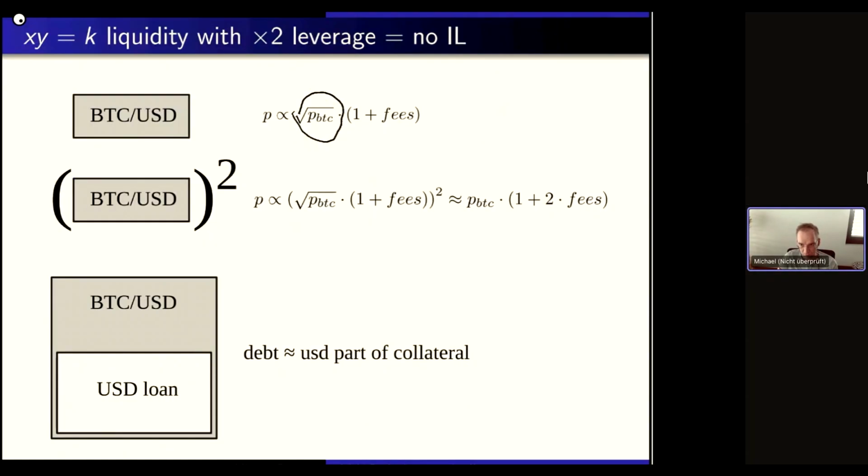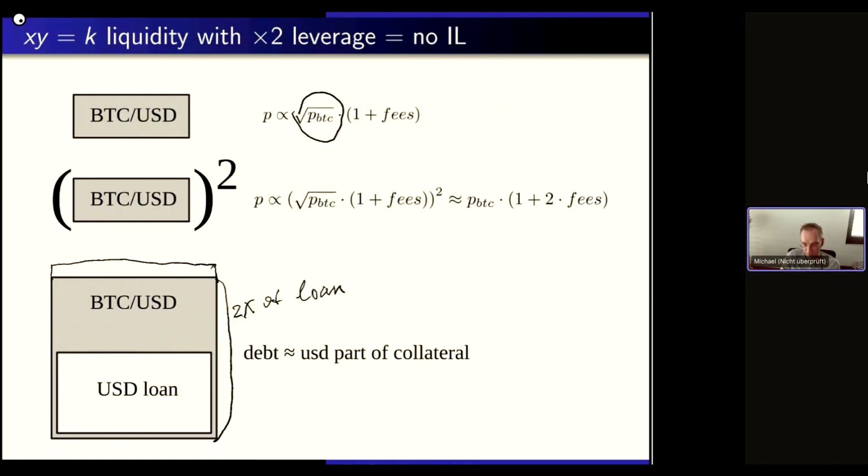You take a loan which is of a size equal to what you brought, and borrow kind of the same amount of BTC USD liquidity, so that BTC USD liquidity size is 2 times bigger than the loan. So let's say this value is 2x of the loan size, right? And if it so happens that Bitcoin price goes a little bit up, then maybe value of your collateral goes up, right?